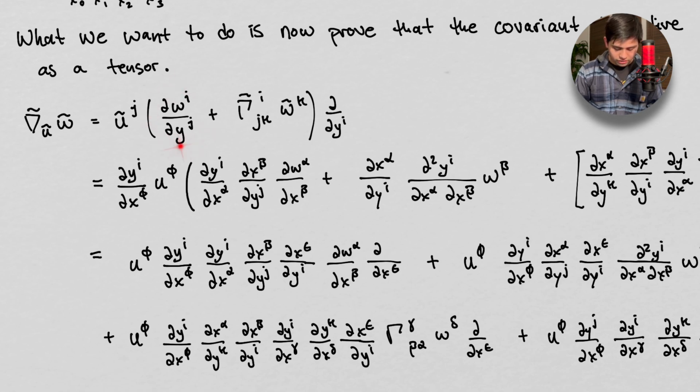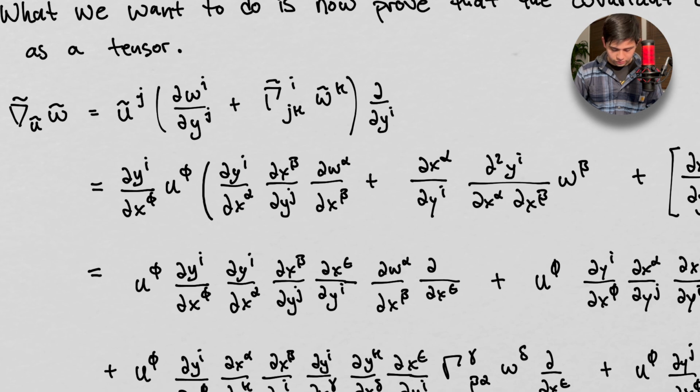So if I color code a few things here, here is the W. Here is x beta. Here's x beta. And then here is y^j. And here is y^i.